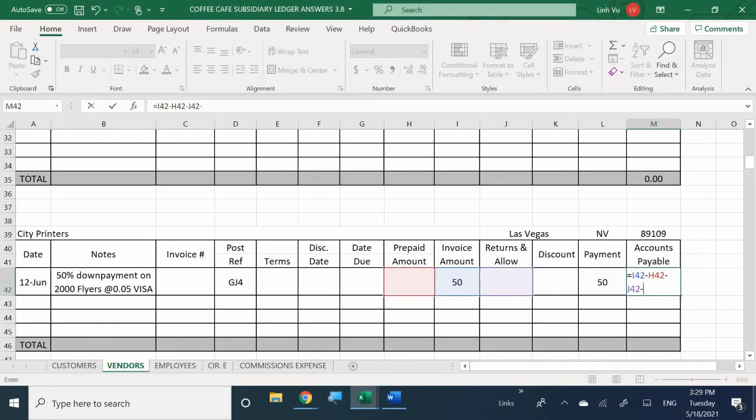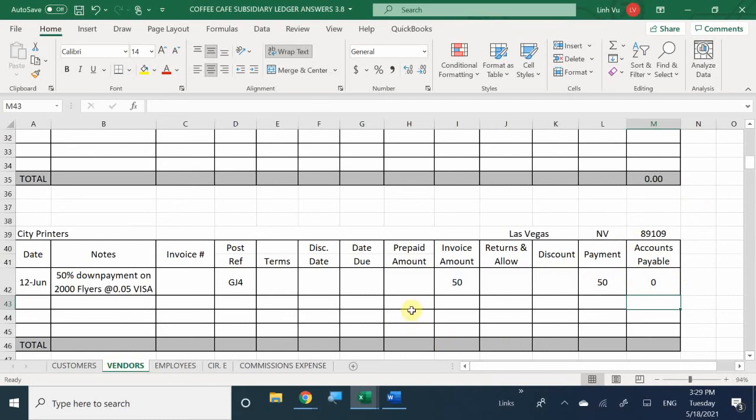Therefore, if I enter in my formula, it should reflect that I owe $0. What this prepaid amount is going to go towards is the actual bill. But I do want to make sure that I recognize that the original invoice amount isn't for $50, but I still paid $50.